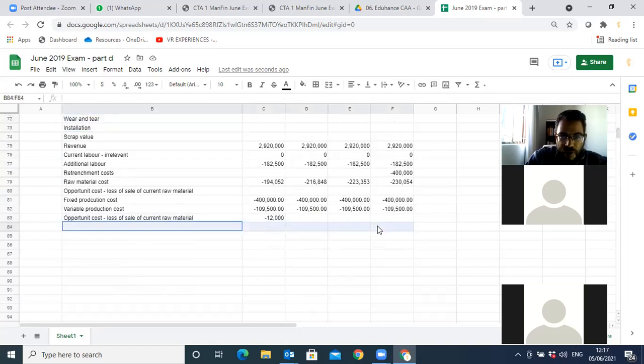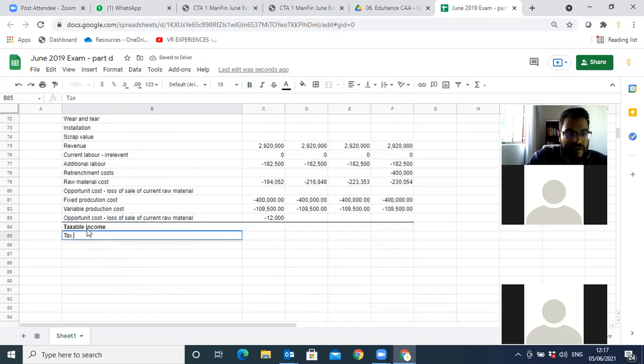This will give you your taxable income. Then we're going to have tax. What's the tax rate? Tax at 25%.